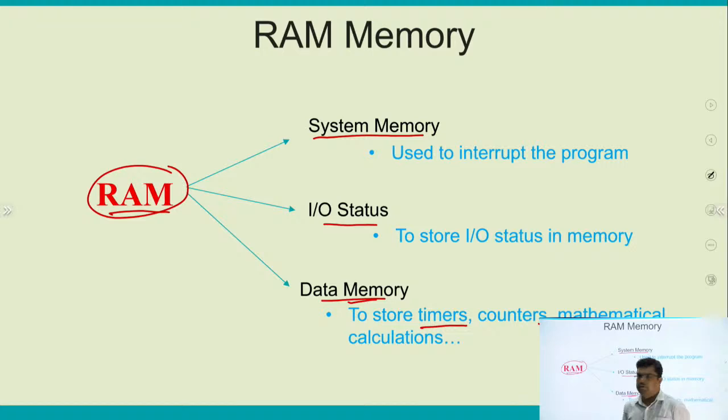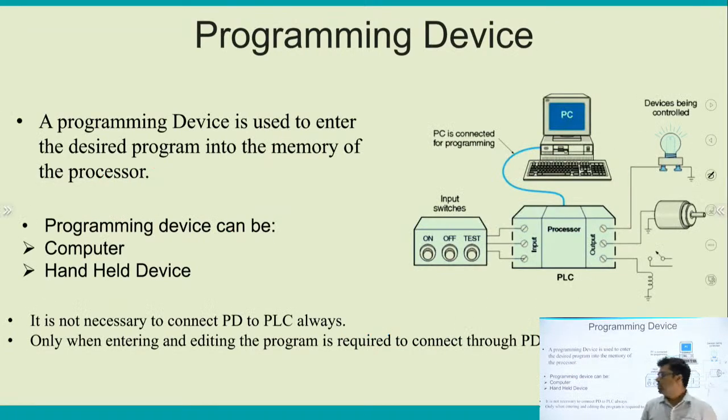Now at last, the programming devices. There are 2 types of programming devices used, through which we put the program in a PLC: either the computer or a handheld device. This is used to input, or you can say enter, the program, or load the program into the memory of the processor in a CPU system.